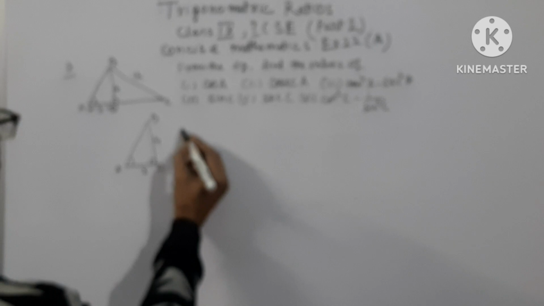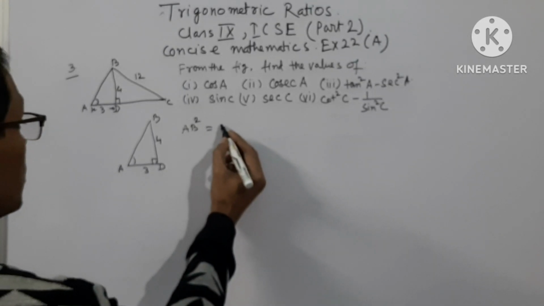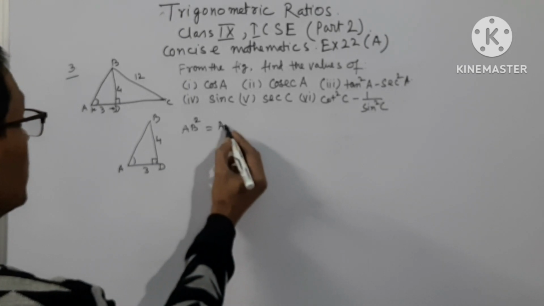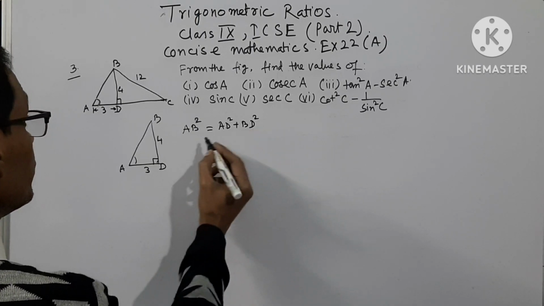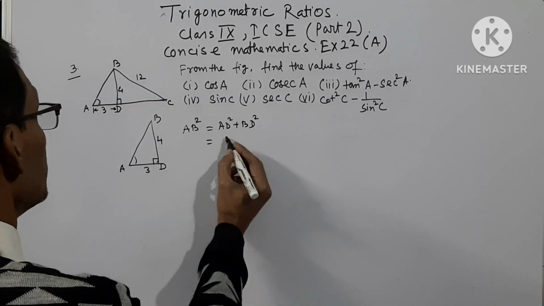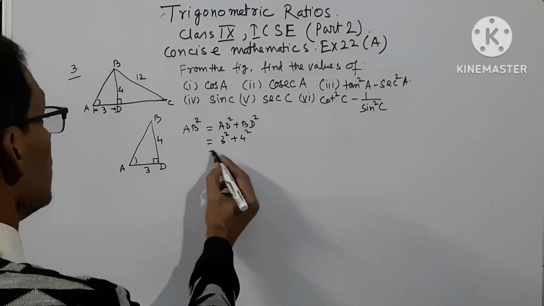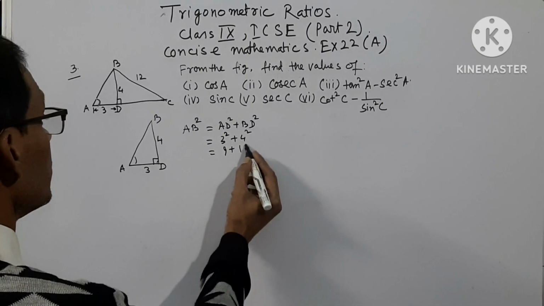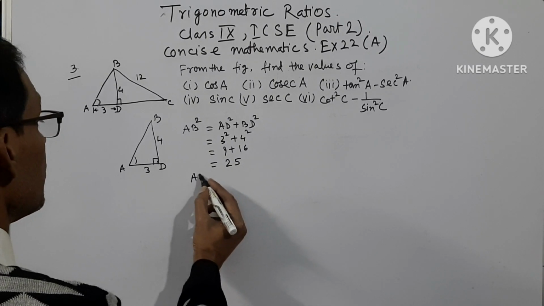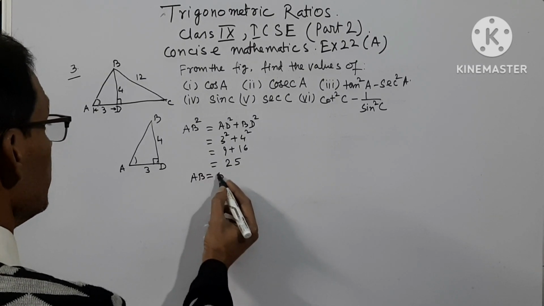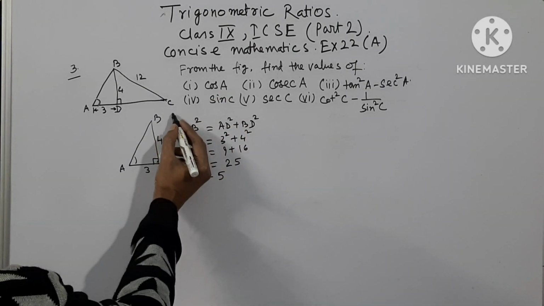So let's first find AB by Pythagoras theorem. AB square equals AD square plus BD square, which gives 3 square plus 4 square, 9 plus 16, 25. So AB is 5.